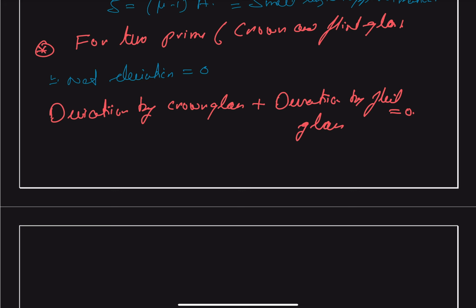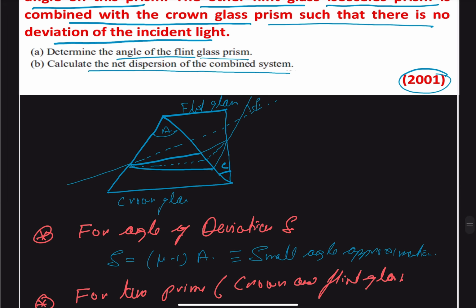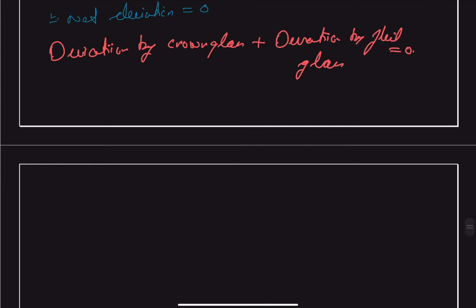Let us change it, it doesn't look right. So let us call this angle A1 and this angle A2. Our A1 is given as 6 degrees and our A2 is the angle of flint glass. So we have to find the average refractive index of both glasses, flint as well as crown.